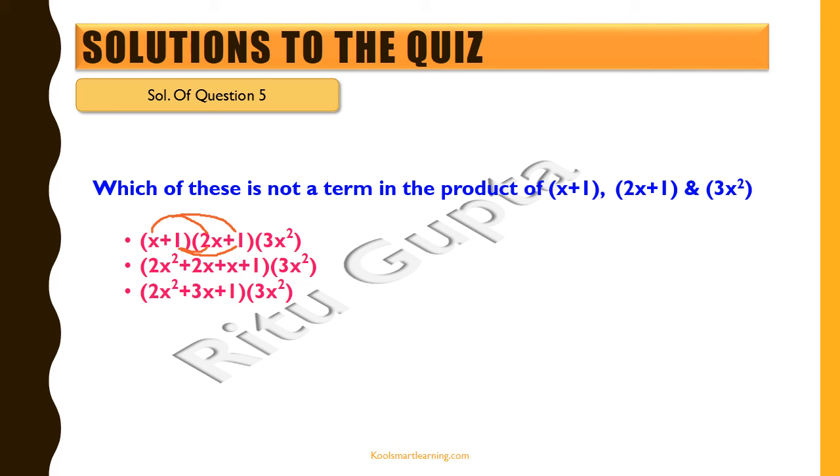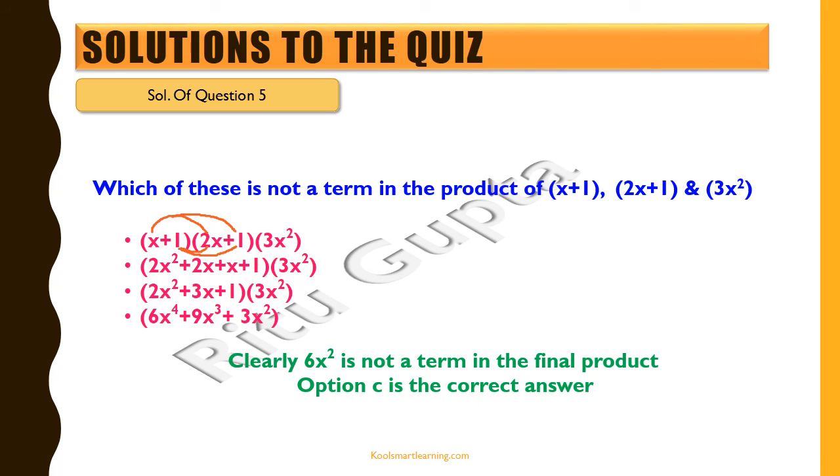Simplifying, the first polynomial becomes 2x square plus 3x plus 1, and multiplying this with 3x square, we get the final answer as 6x raised to power 4 plus 9x cube plus 3x square. So we can clearly see that 6x square is not a term in the final product. So option C is the correct answer.